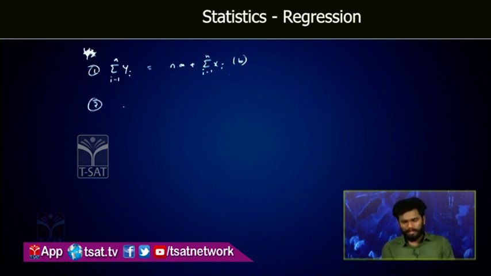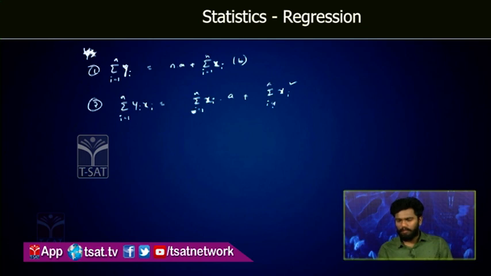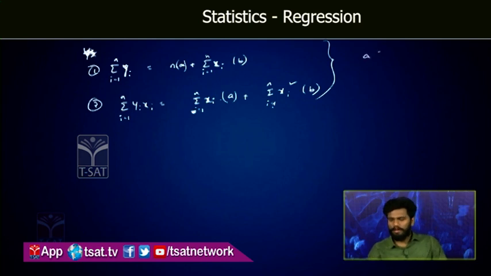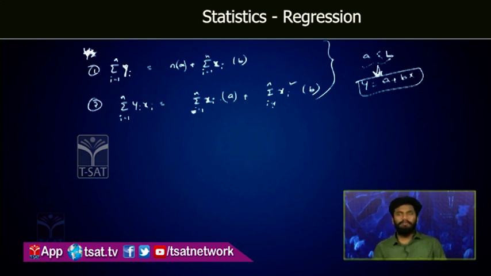The second normal equation is summation i equal to 1 to n of yi xi is equal to summation xi, i from 1 to n, into a plus summation xi square, i from 1 to n, into b. Using these two normal equations, we can find the values of a and b, and we substitute them in the equation y = a + bx, and then we get the regression line which is the best fit.